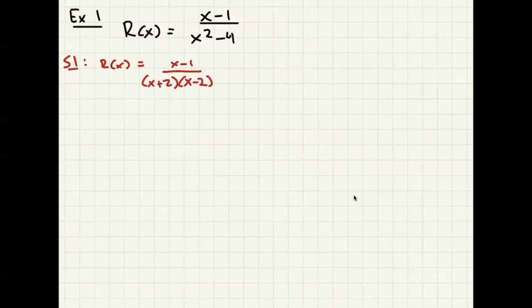Our domain is x such that x cannot equal negative 2 and x cannot equal positive 2, right? So that's how we find our domain.